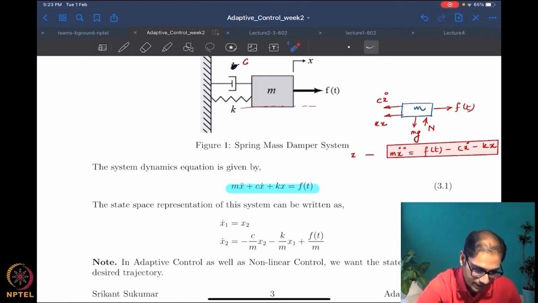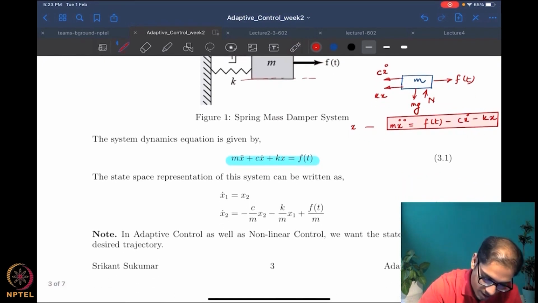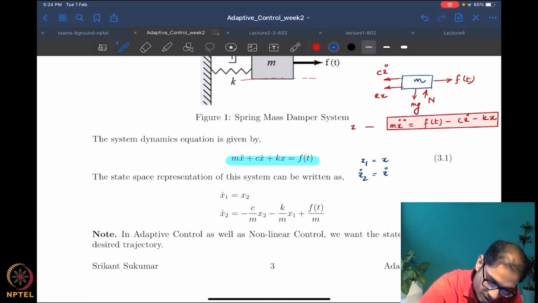Excellent. Now that I have this equation, I'm going to write it in our standard state space form. And how do I write it in state space form? By choosing states. I choose my states as x1 equal to x and x2 equal to the derivative of x.